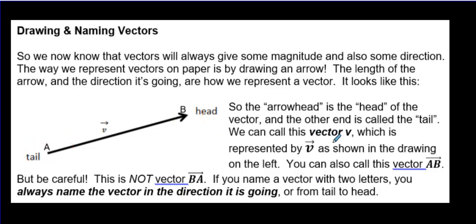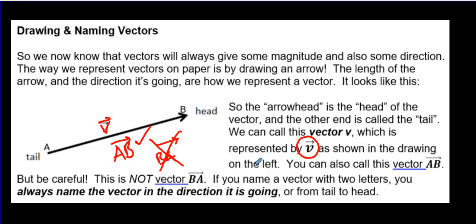This vector is labeled as vector v, and it can be shown using a little arrow up above. So you can say this is vector v with a little arrow like that. Okay. The other way you could call this is vector AB, and it has to be vector AB. It can't be vector BA because it's not traveling from B to A. That vector is going from tail to head, or from A to B. So you have to write it this way here. Okay?